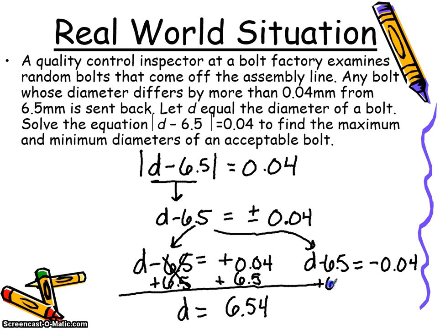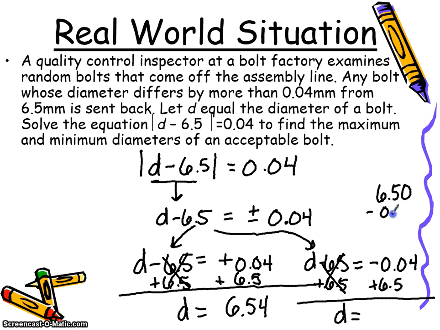Now if we add 6.5 to each side here, negative 6.5 plus 6.5 makes 0, and we get D equals. We have different signs, so we're going to have to find the difference. Put the larger amount on top, 6.50, and take away 0.04. Regroup if necessary, 6.46.